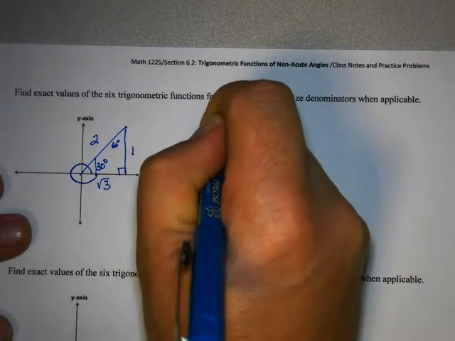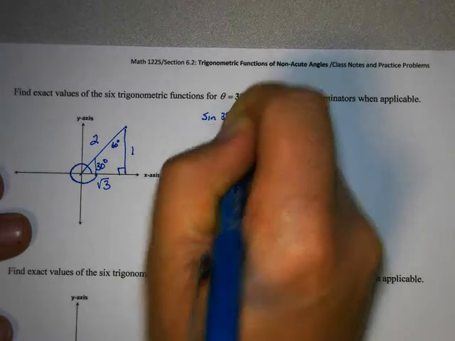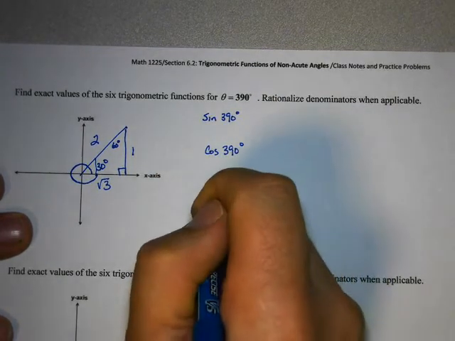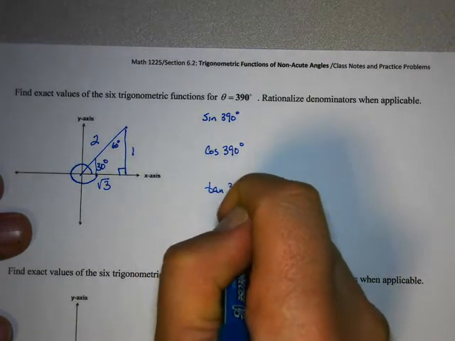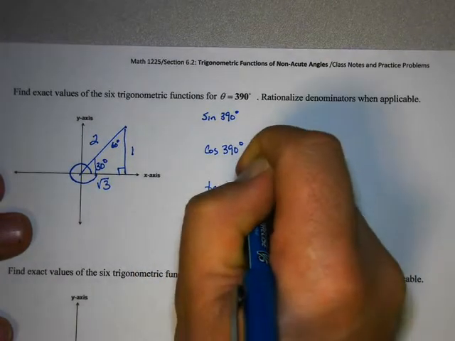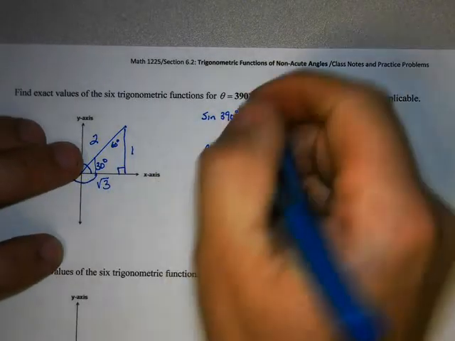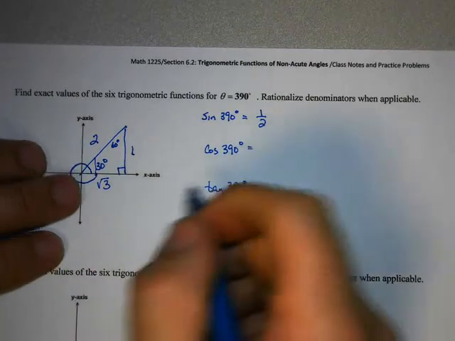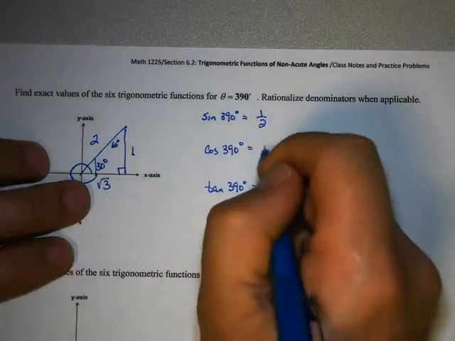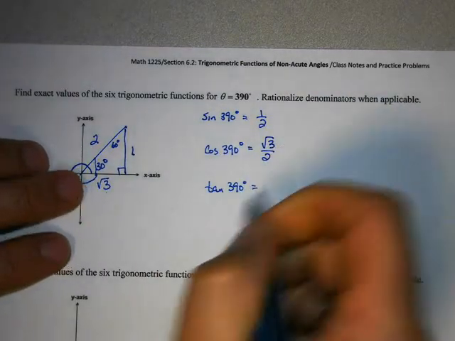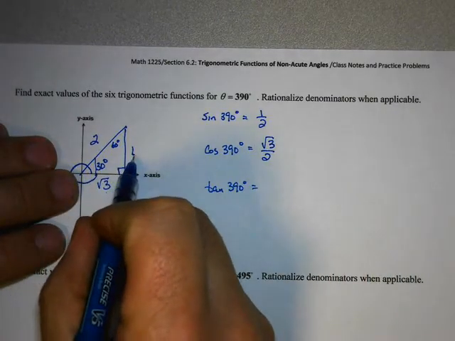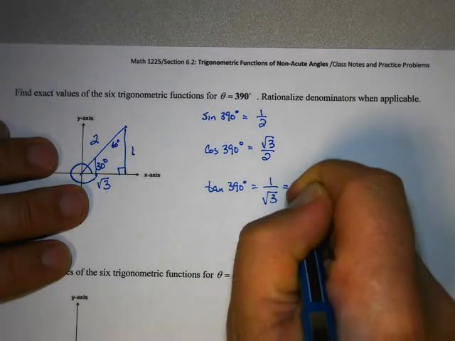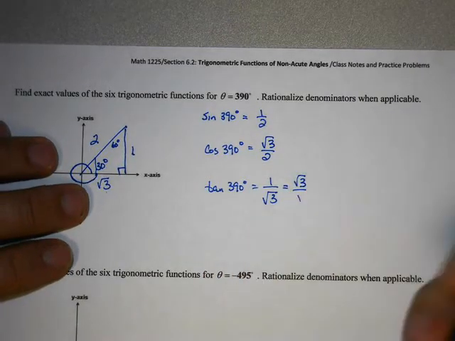So the sine of 390, so we're still going back to this angle, cosine of 390, tangent of 390. Sine of 390 is 1/2, opposite over hypotenuse. Cosine of 390, adjacent over hypotenuse. And tangent of 390 is going to be opposite over adjacent, square root of 3 over 1.